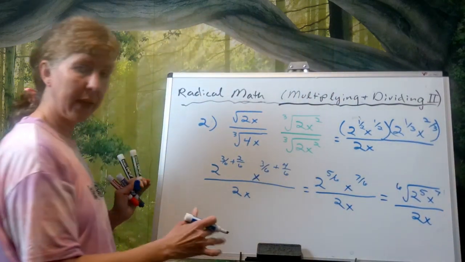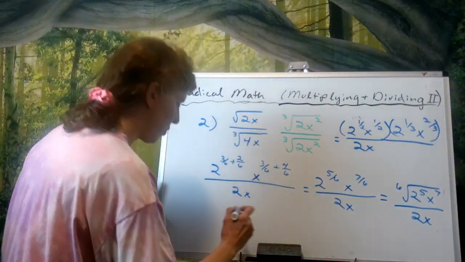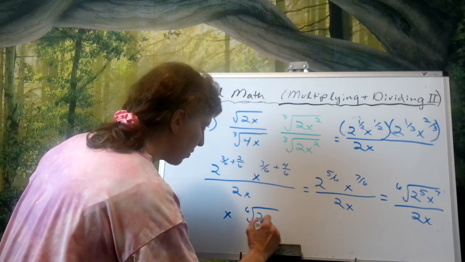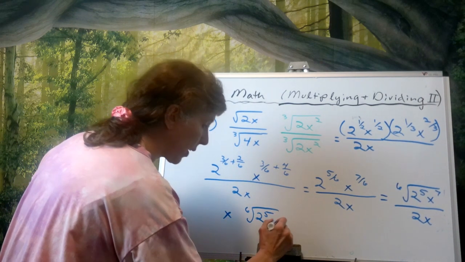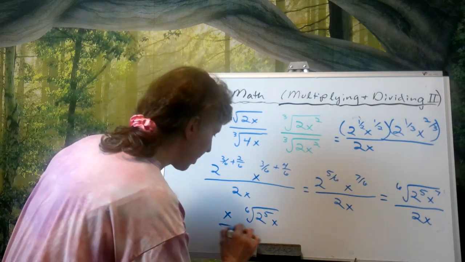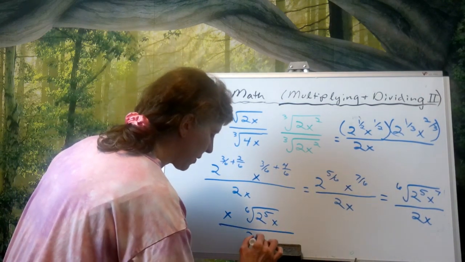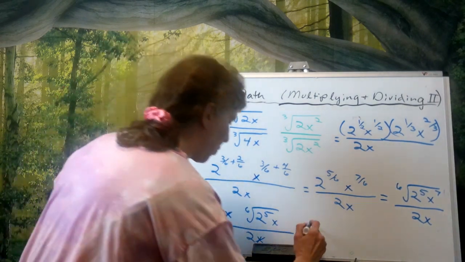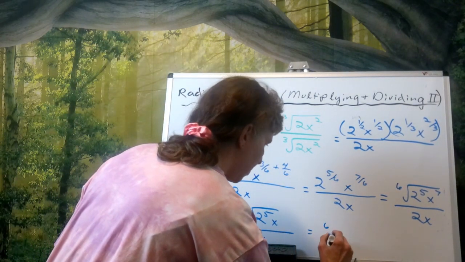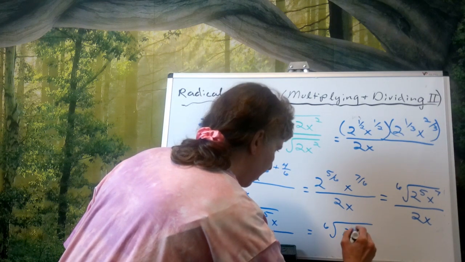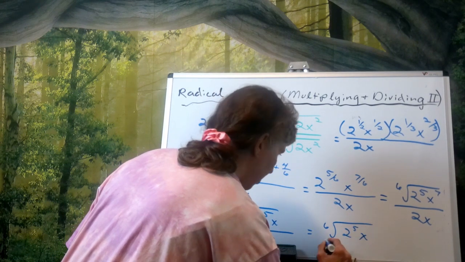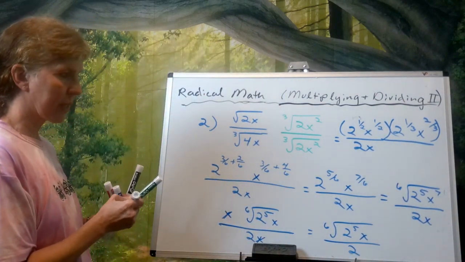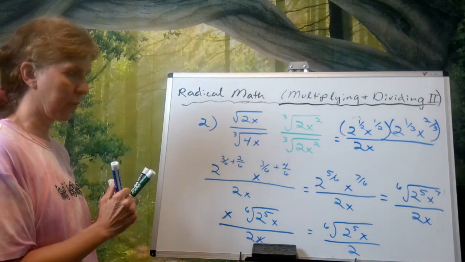And then you can pull the x out of jail. So you would have x, 6th root of 2 to the 5th. You'll still have an extra x left. And then 2x. And now these x's can simplify. So your final answer would be the 6th root of 2 to the 5th, x over 2. That's probably the easiest way to deal with it.